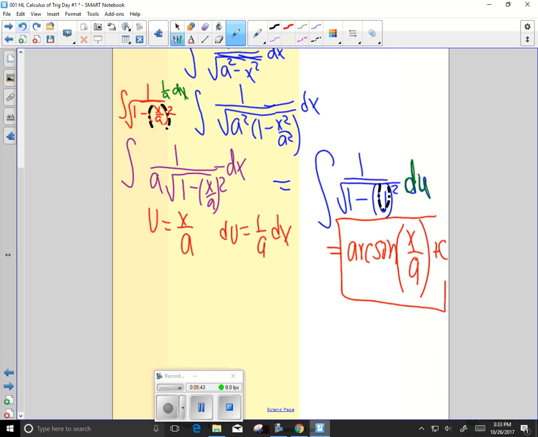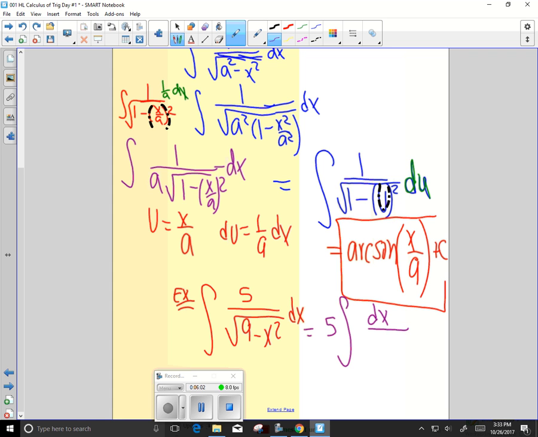An example might be the integral of 5 over the square root of 9 minus x squared dx. What I would do first is pull the 5 out in front, so you get dx over the square root of 3 squared minus x squared.